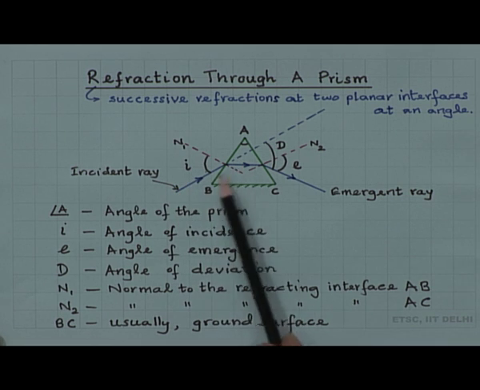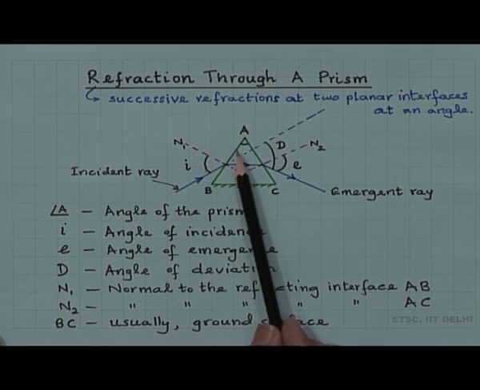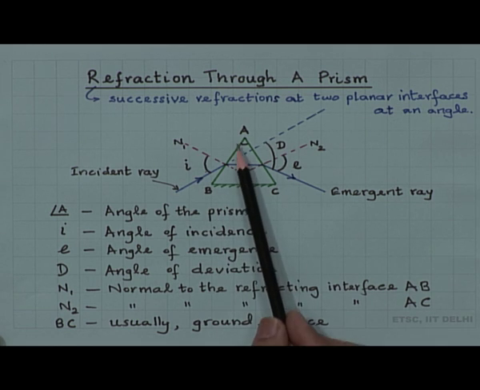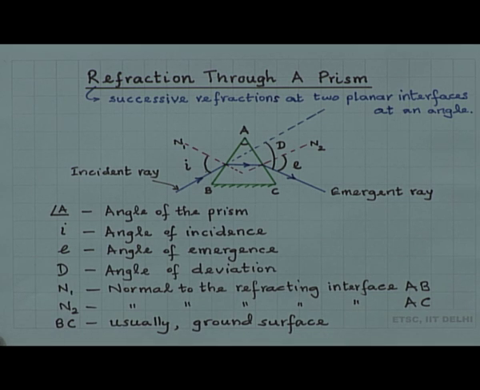Whenever we talk about refraction through a prism, A is referred to as the angle of the prism. These two other angles do not come into the picture. BC, the lower surface here, is usually a ground surface, which helps in blocking any stray reflections, because that is not coming into play in this part of the refraction.